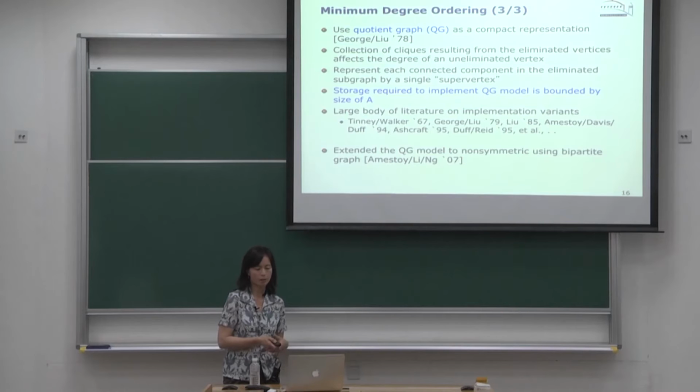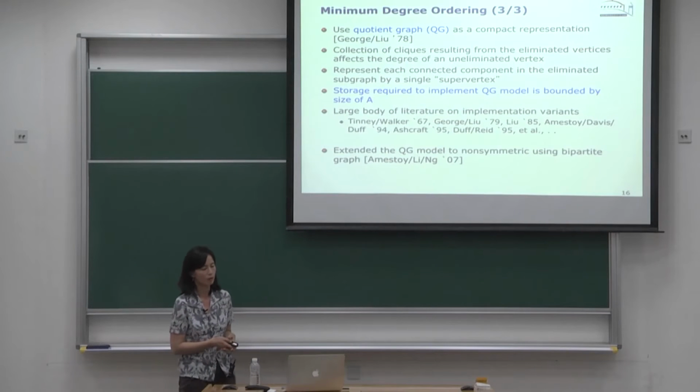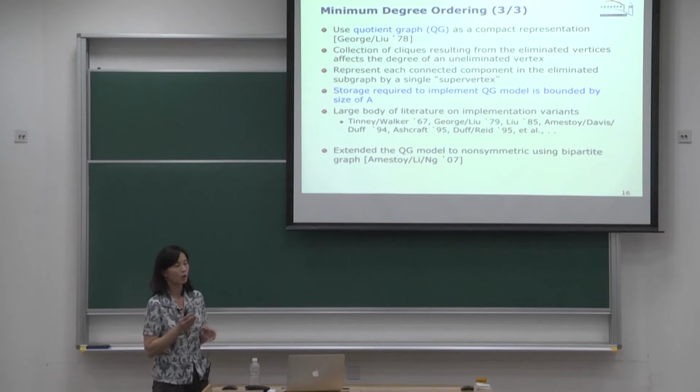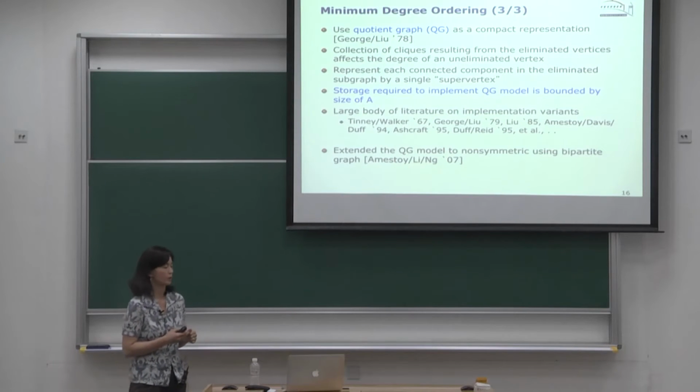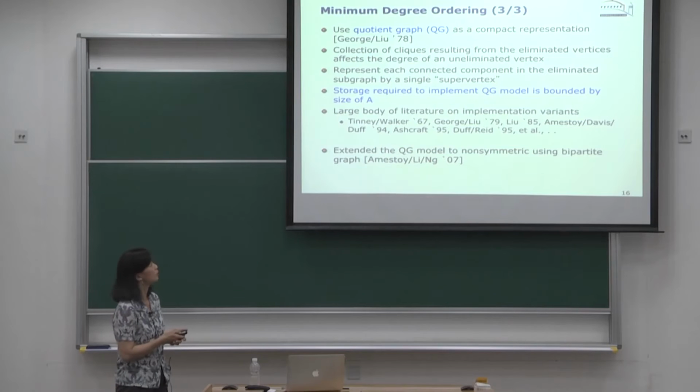The outcome of using this quotient graph model is that when you run the minimum degree algorithm, the storage required to find the ordering, the vertex numbering 1 to n, can be bounded by the size of A. That's very nice, right?